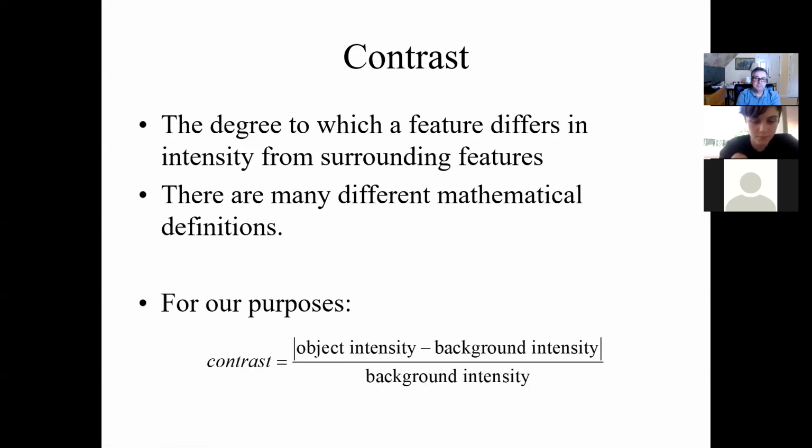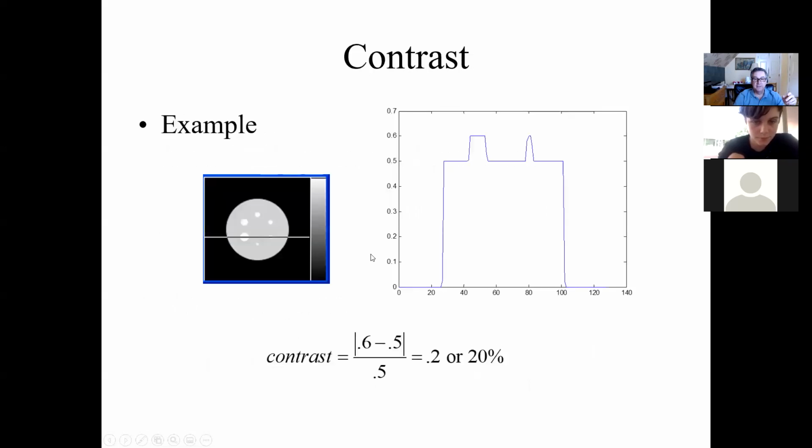And you can look in a lot of different places. So there's not one standard definition of this mathematically. If you were to write a paper where you used contrast, you better define what you did as contrast, because everybody's not going to know just from you using the word contrast. But in general, the idea is to express how well the thing stands out from its background.